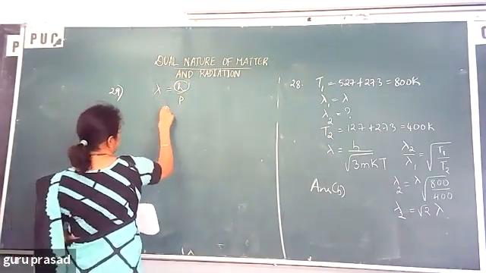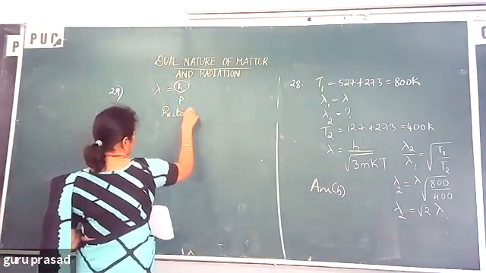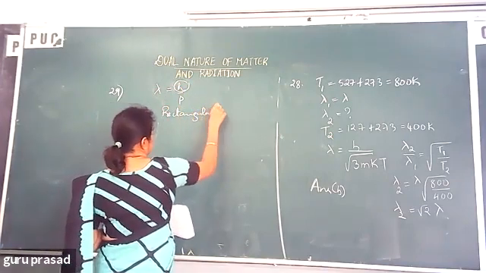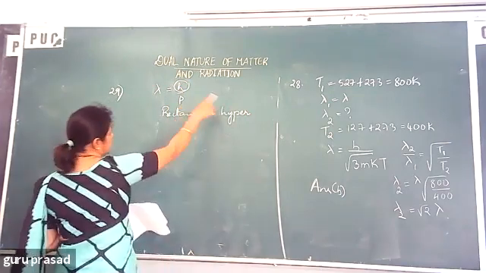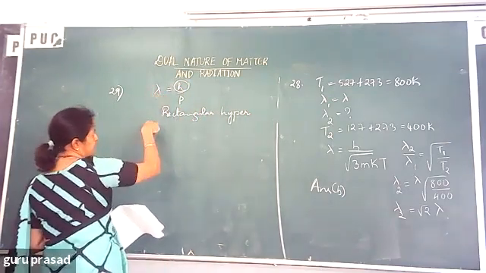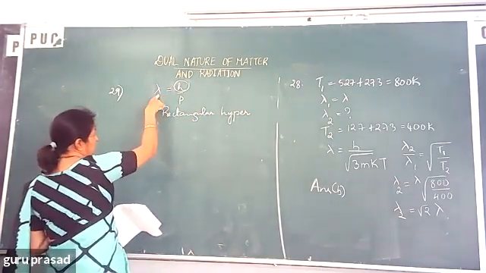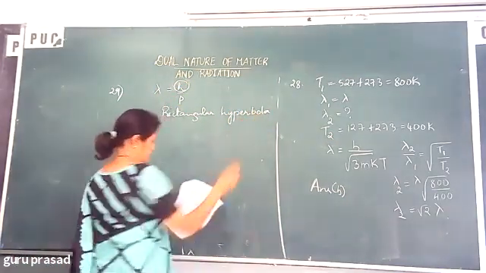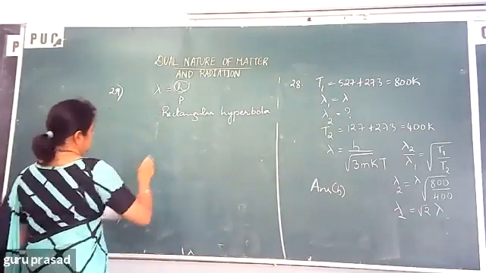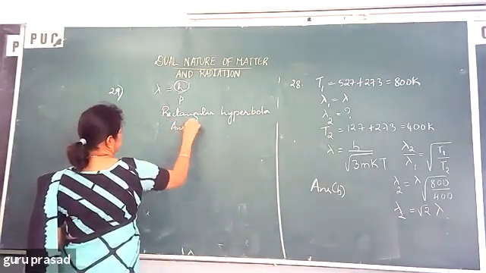What you get is a rectangular hyperbola. That is, as p increases, lambda decreases, or as lambda increases, p decreases. Such a graph you find in D. Answer D.